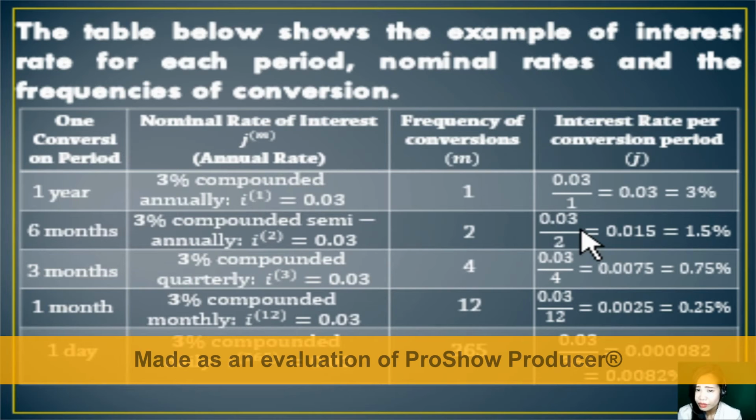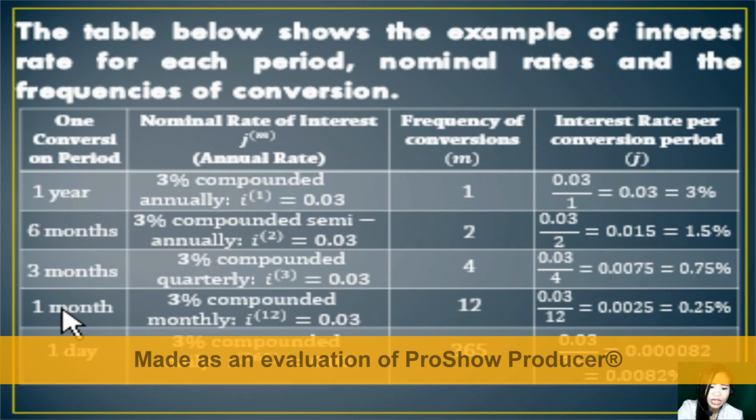Simply divide 12 by 3, that is 4, meaning the frequency of conversions is 4. You will divide the nominal rate by the frequency of conversions, meaning the answer is 0.0075, or if you are going to multiply by 100%, that is 0.75%.